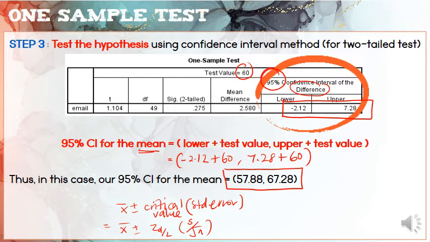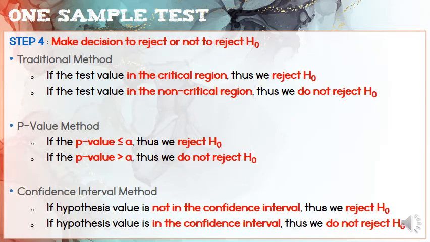So now kita dah tengok 3 method to test your hypothesis. So macam mana nak tahu whether to reject or not to reject? So itu step 4. So dalam step 4, we are going to make decision whether to reject or not to reject our H null.